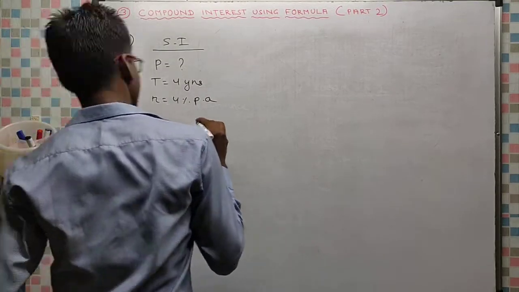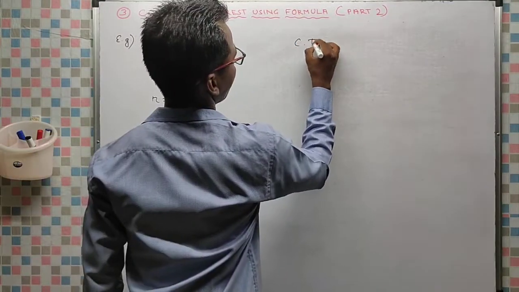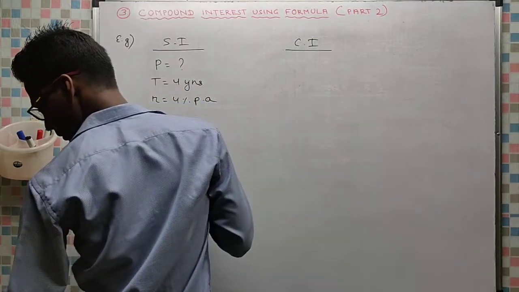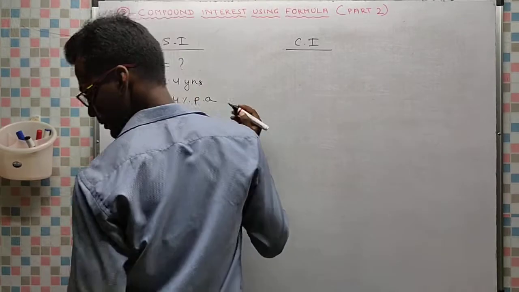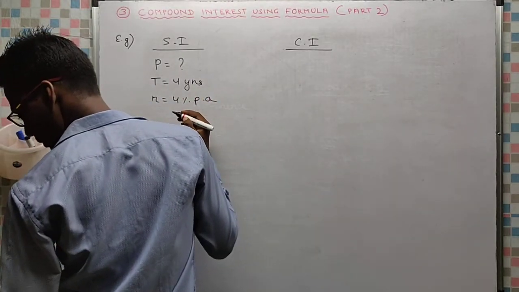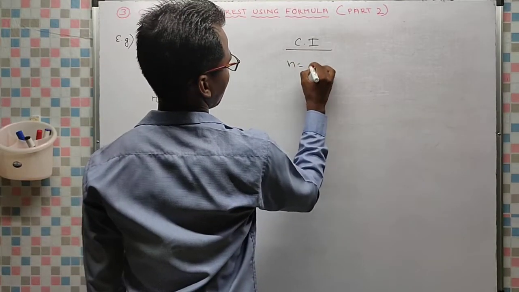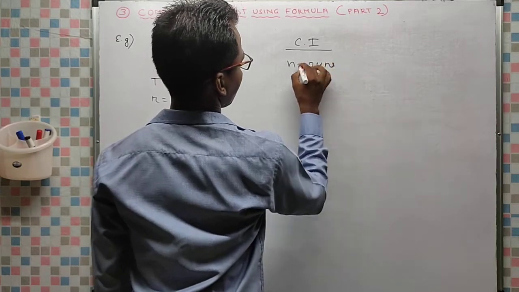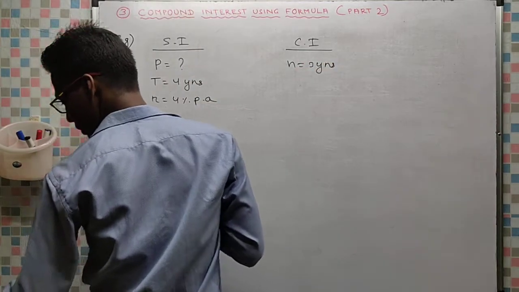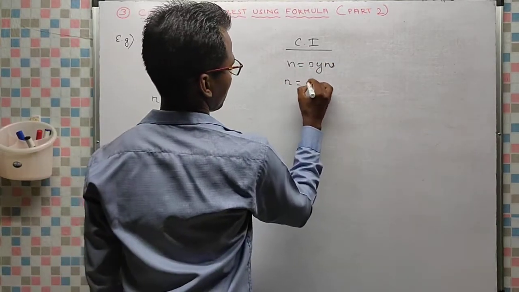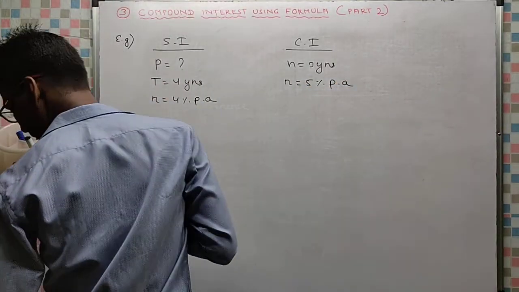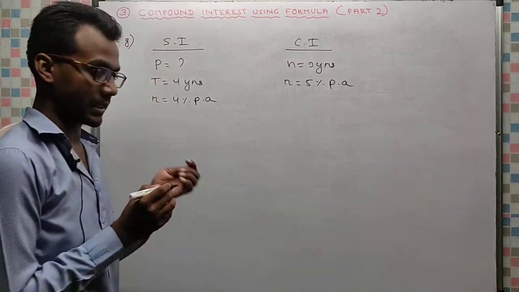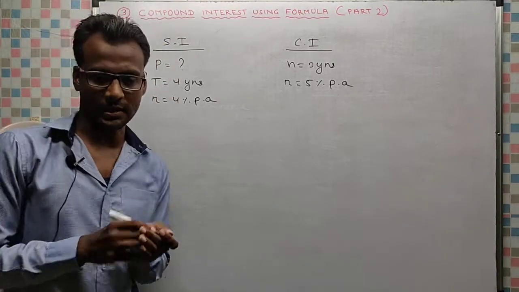Then again compound interest is given on the same sum, same principal, and time is 3 years. Rate of interest is 5% per annum. The difference between SI and CI, this time SI is more than CI.